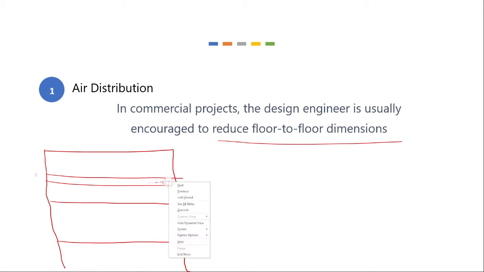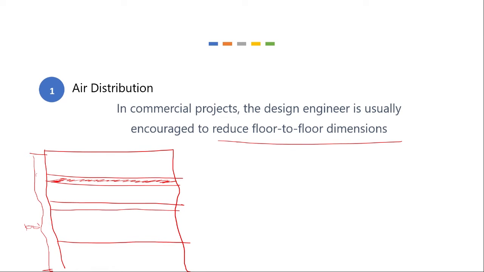So we have a ceiling space here full of HVAC equipment that's wasted. If our building is 100 feet tall, how much of this 100 feet is wasted to HVAC?